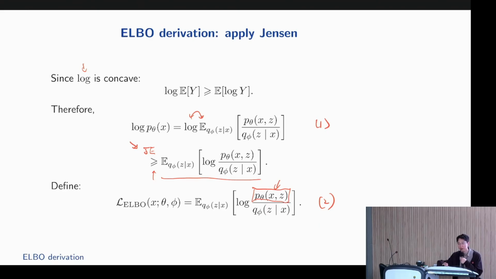Maybe you can do this as your own exercise. Massage equation 1 here, but don't use Jensen's inequality, because that's going to give you a lower bound. With equality, you can show the log likelihood is equal to the ELBO plus some leftover term.